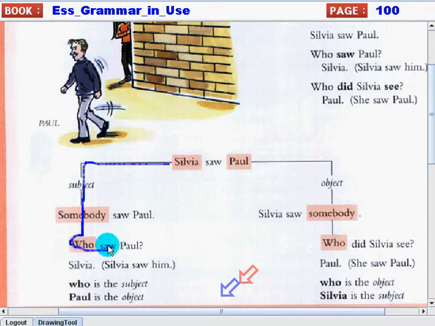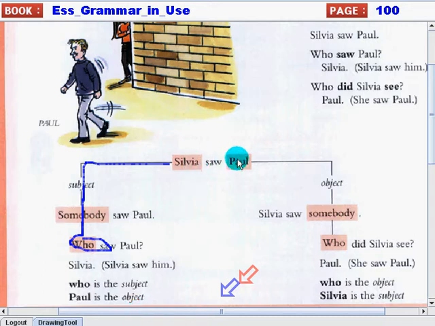Who is our subject here? Okay, it was Sylvia who saw Paul. Sylvia is the subject, and Paul is the object. So if Sylvia is our subject here, of course Paul will become our object. Alright? It was he that has been seen by Sylvia.